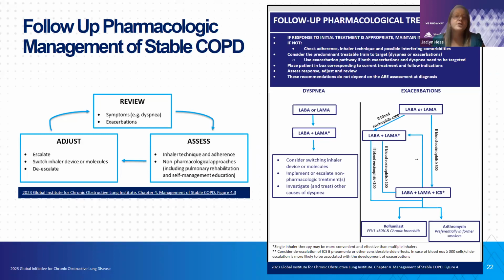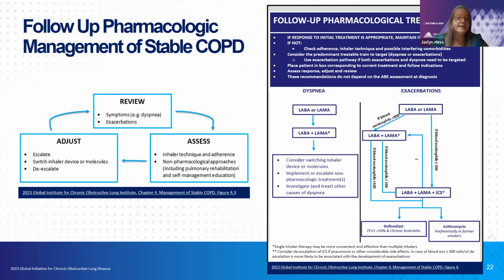If on dual bronchodilator and they have an eosinophil count between 100 to 300, then we can consider adding the inhaled corticosteroid. Then for patients who are treated with triple therapy or dual bronchodilator without an eosinophilia, but they're still exacerbating, that's when we want to consider some of the last line options.